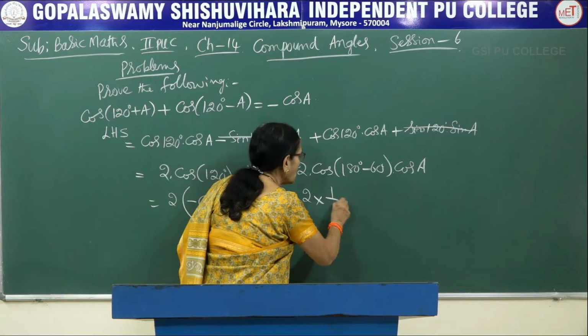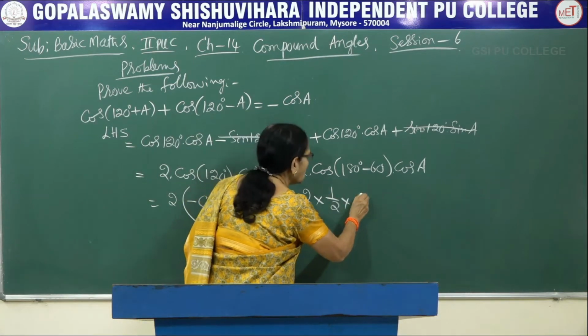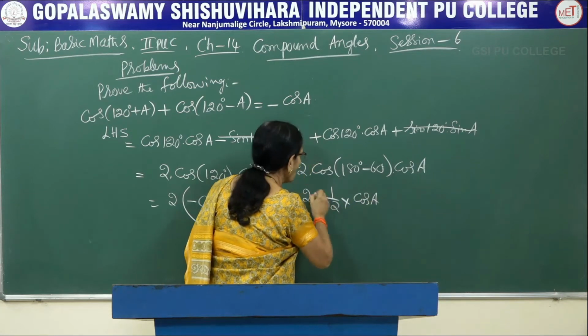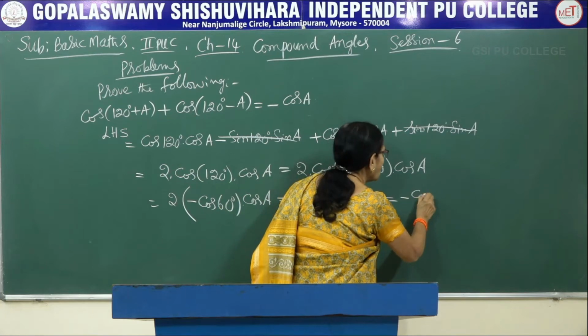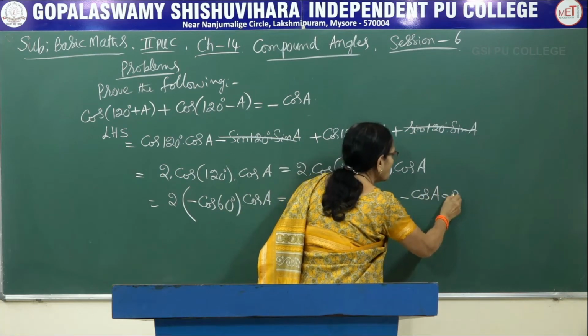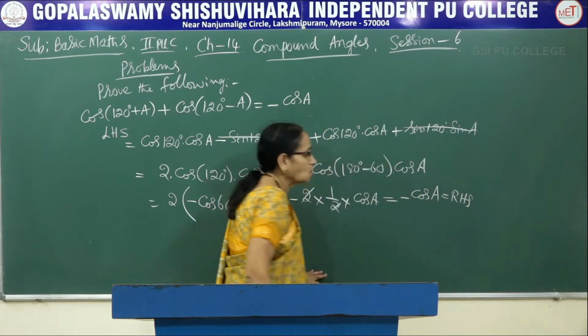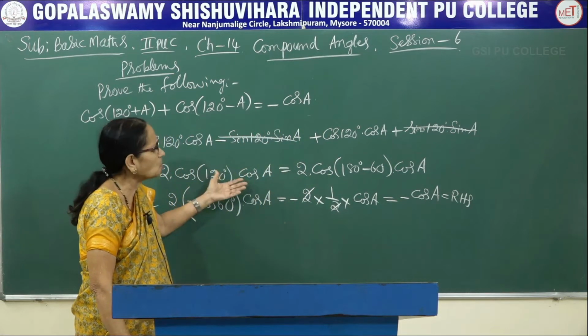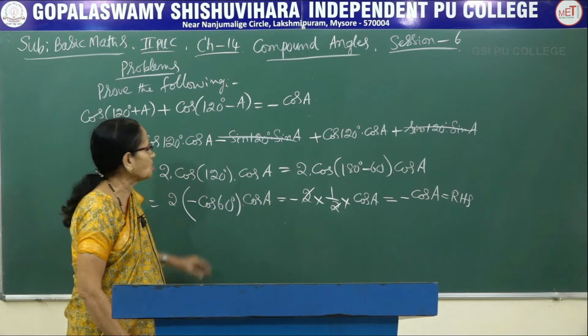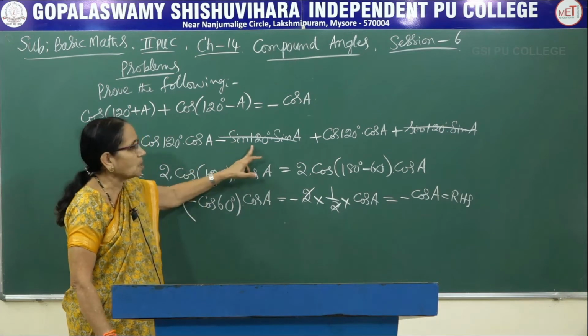What's the value? It is 1 over 2, into cos A. Now, 2 and 2 get cancelled, hence we get minus cos A, which is nothing but the right hand side. Okay. So, this could be expected for a 2 mark question only, because one mark for expansion.